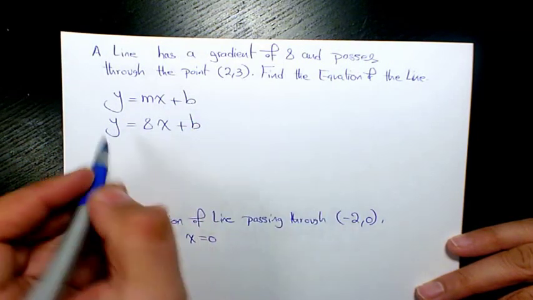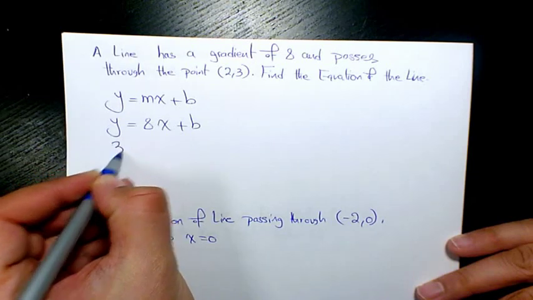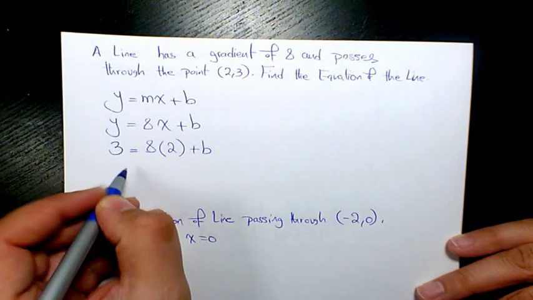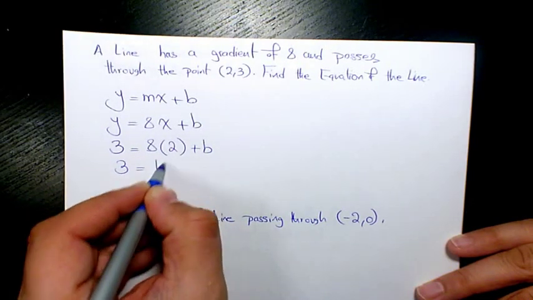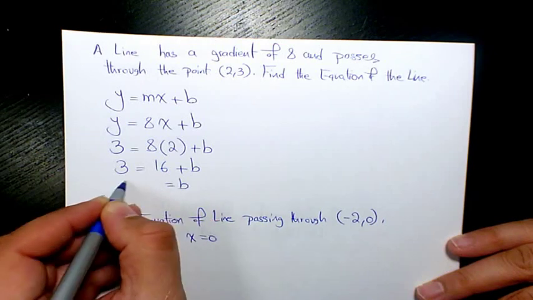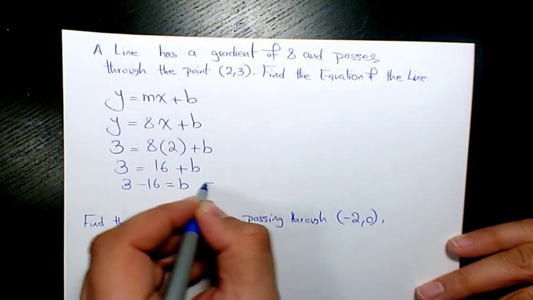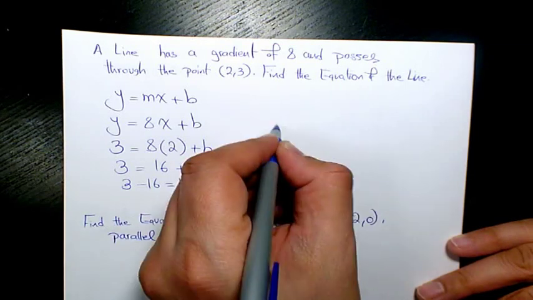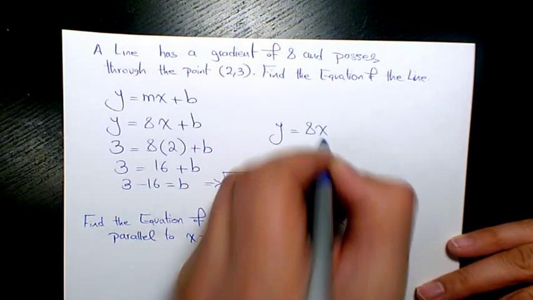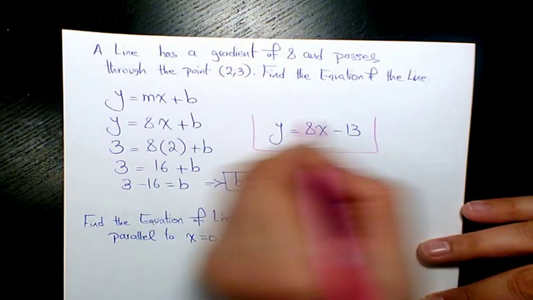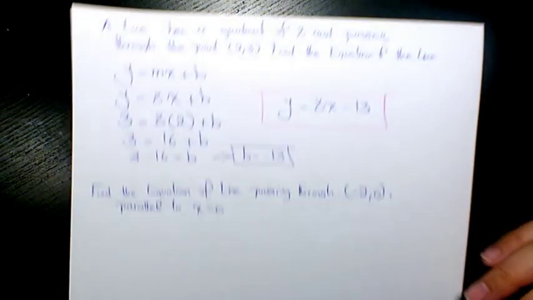So let's substitute it there. It's going to be 3 equals 8 times 2 plus b, which is 3 equals 16 plus b. So b will be 3 minus 16, which is b equals negative 13. So y equals 8x minus 13. That's the equation of the line.